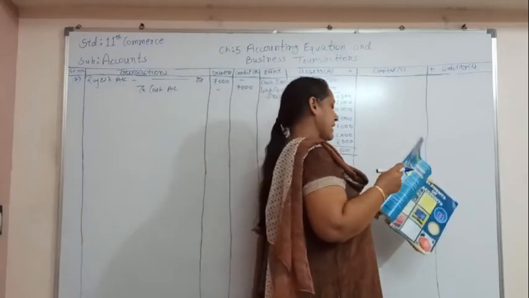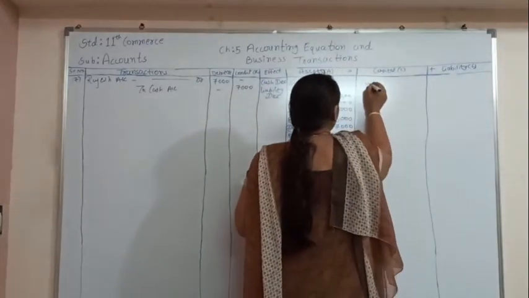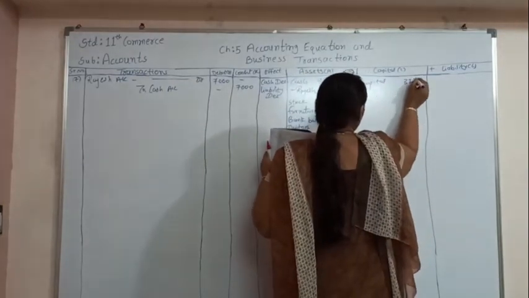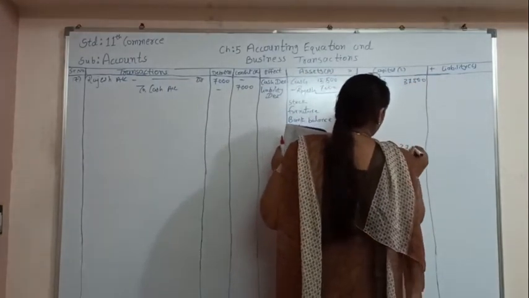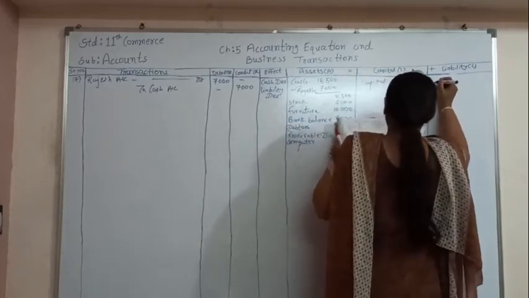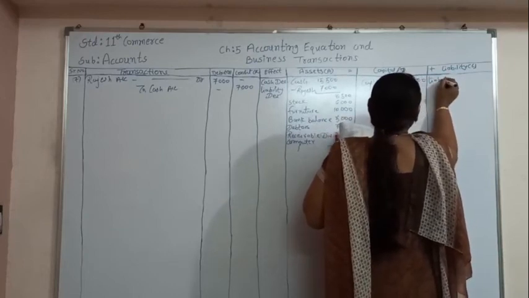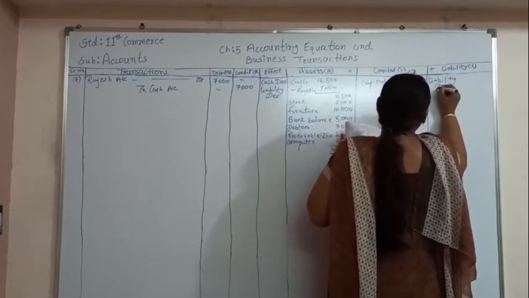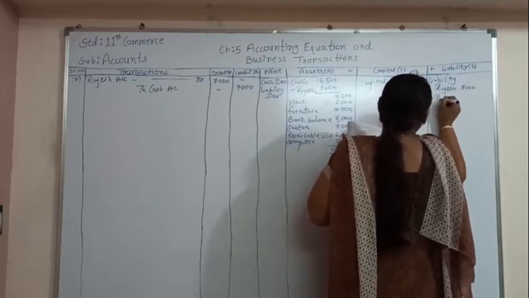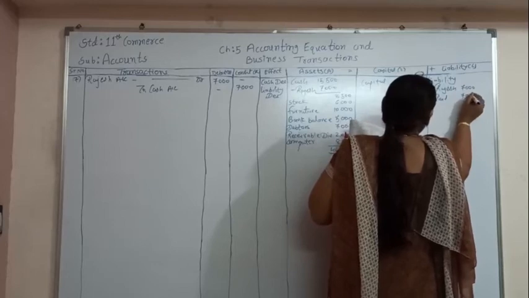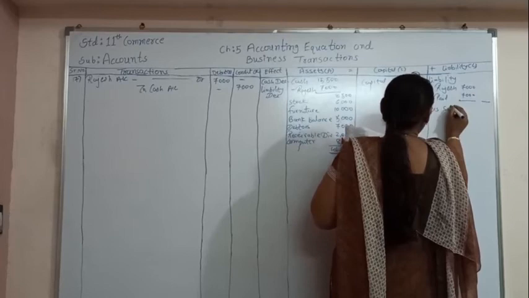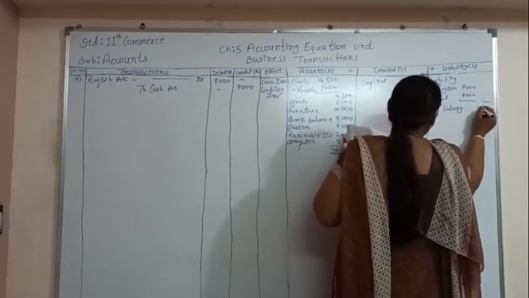Now let's see the capital. So capital is going to be given the same, and the capital account is 37,500. So here 37,500, and the liability of Rajesh is going to be decreased. So here liability Rajesh, it is 7,000 minus paid 7,000, so it will be nil. Now the next liability is the outstanding salary, and that is rupees 1,000.